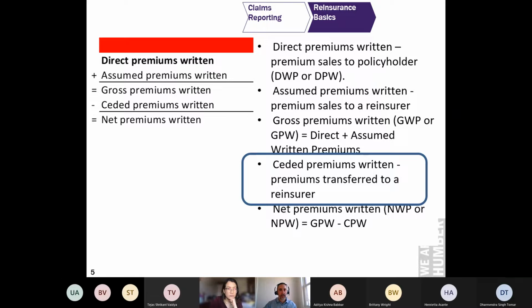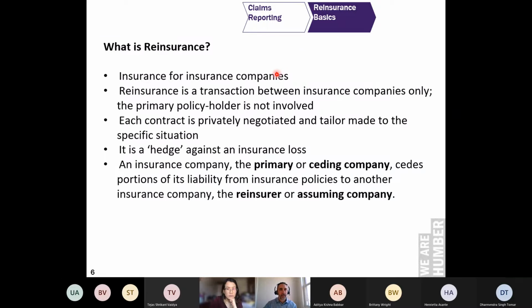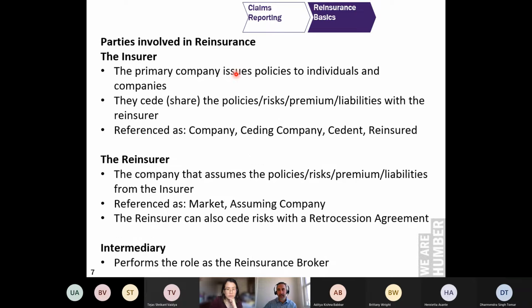So we've talked about that a lot. Last class, we talked about some of the terminology. So let's just do a review of this, and then we'll take a break, and then go into the reasons the company would buy reinsurance, and then ultimately how claims are recovered against different types of reinsurance.